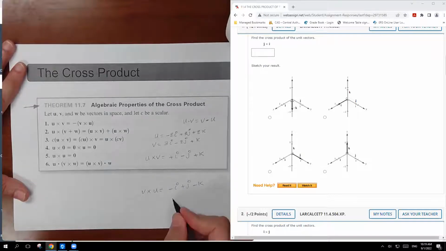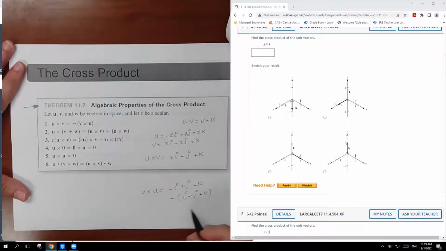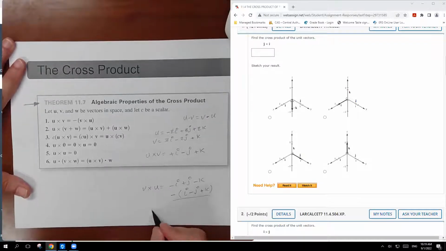That means this is exactly the same thing, negative. And here's I minus J plus K. That's why they say U cross V equals negative V cross U.